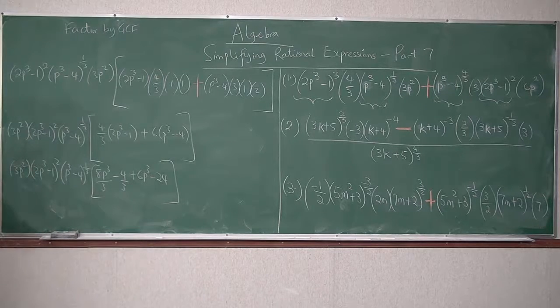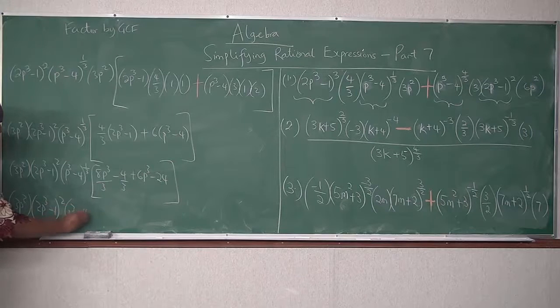Okay? Then I still come here. I write 3p squared times 2p cubed minus 1 all squared times p cubed minus 4 exponent 1 over 3.